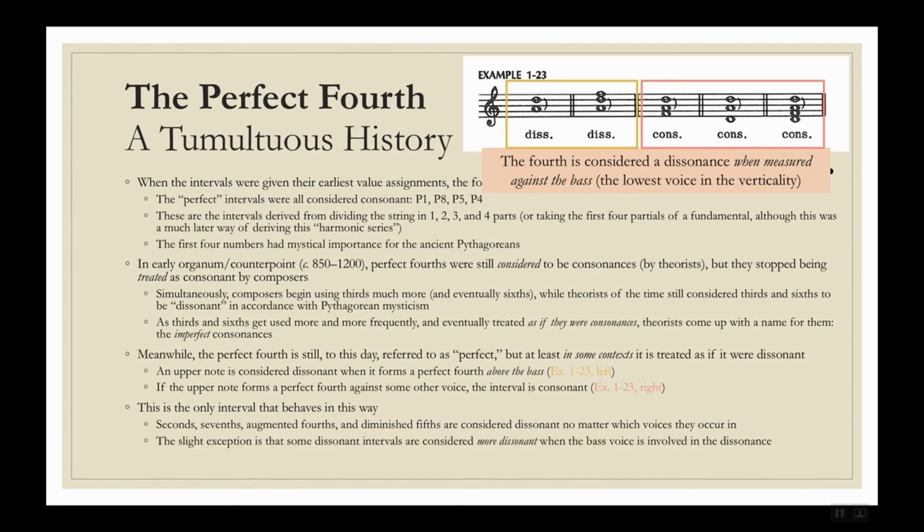Slight exception is that some dissonant intervals are considered more dissonant when the bass voice is involved in the dissonance, and this is for a cool psychoacoustic reason. Psychoacoustically speaking, this is because the lower the pitches, the more gritty is the sensory disturbance caused by competing frequency components. I'll just shift this down a bit and show you what a fourth sounds like in a low register.